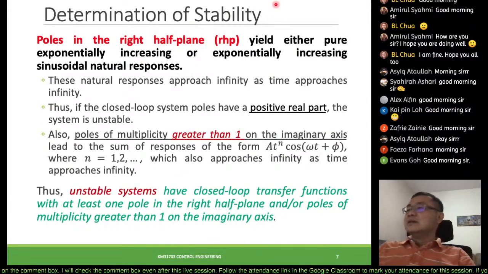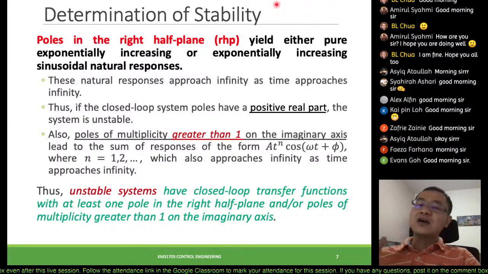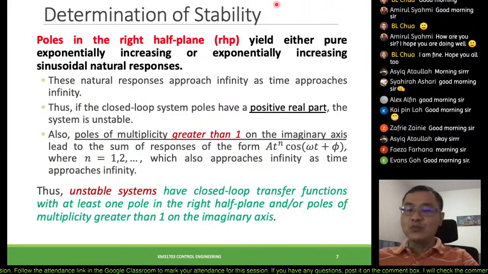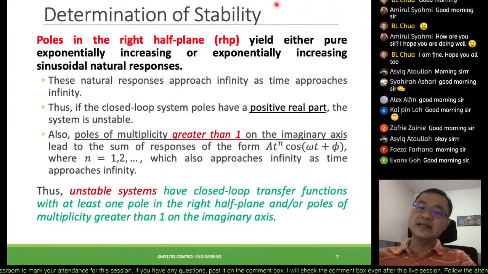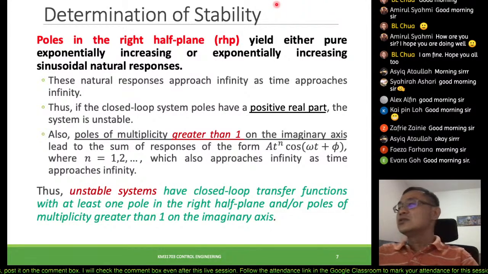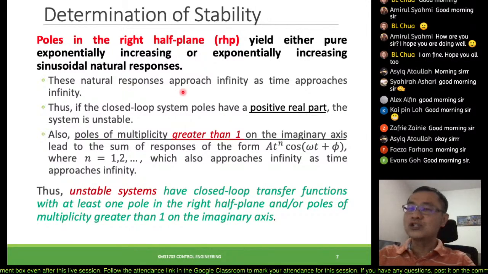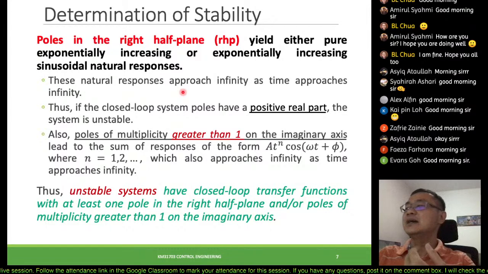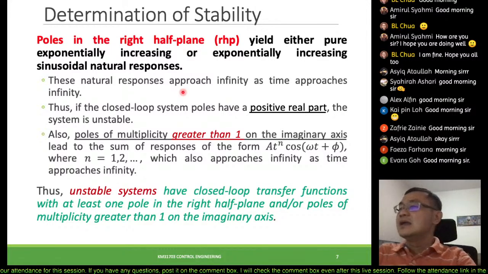Based on that idea, whatever lies on the right half plane will give us a purely exponentially increasing type of response, and we try to avoid that kind of system. So here the response will approach infinity as time approaches infinity when we have poles lying in the right half plane.